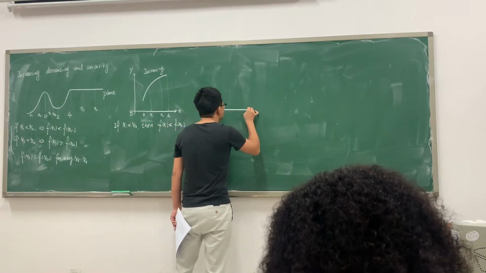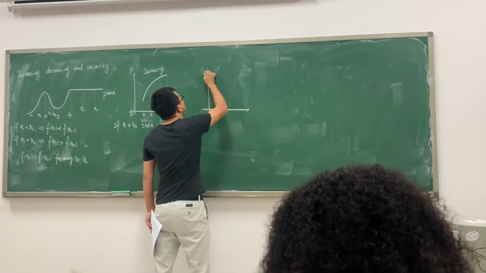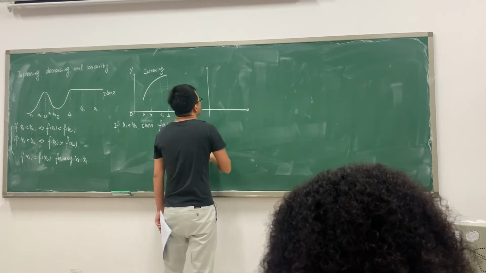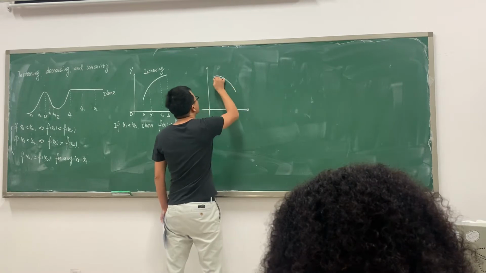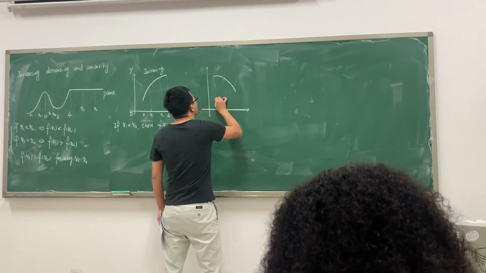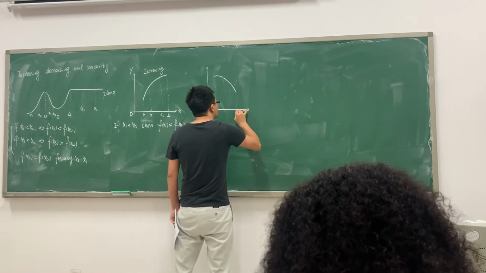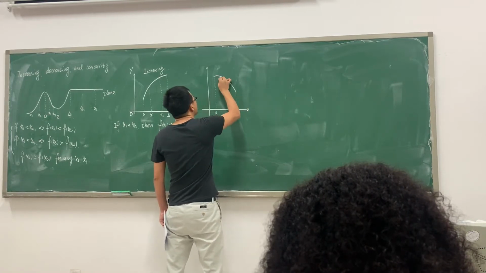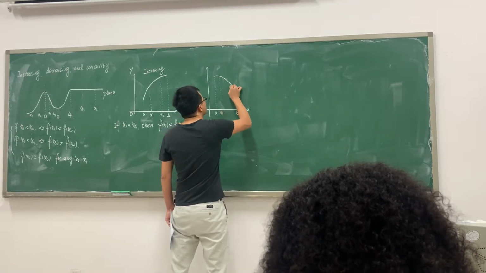Actually, for the decreasing, for example, here is A, here is B. So here is x1, x2.